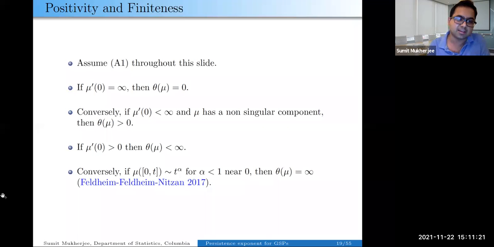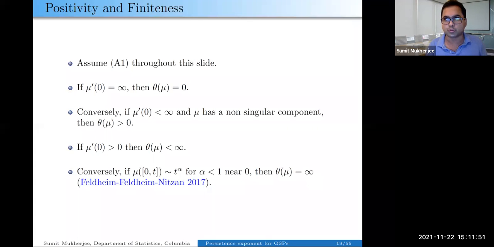And a very good result in this direction is in this paper by the Feldheims and Sodin, that if your measure on (0, t) decays like t to the alpha, which will happen if you have a density that is polynomially decaying near 0, then your exponent will be infinite. Of course, this is not if and only if, but usually there are two types of things in play.